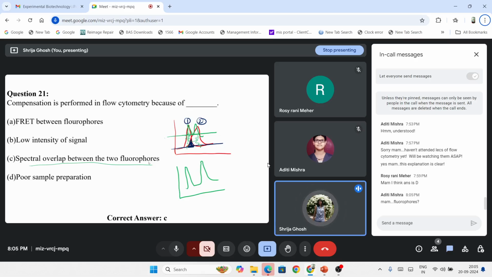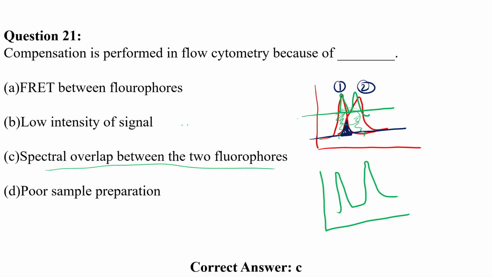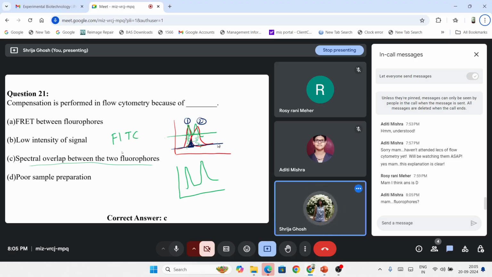Fluorophores are the tags that can fluoresce, something that has fluorescence on its own. There are different chemicals that have intrinsic fluorescence. For example, there is a chemical called FITC. It's an organic molecule, and it has fluorescence.